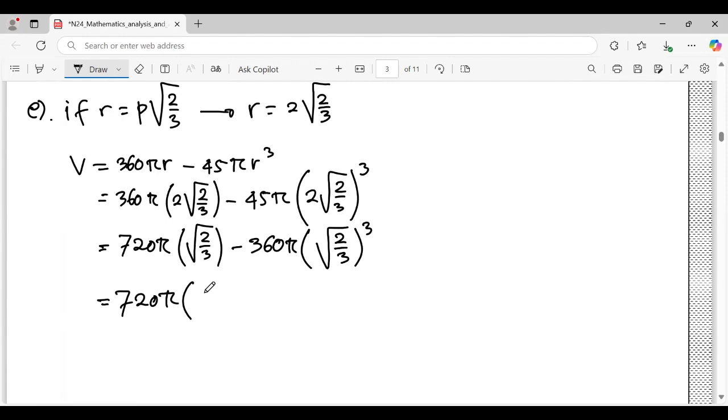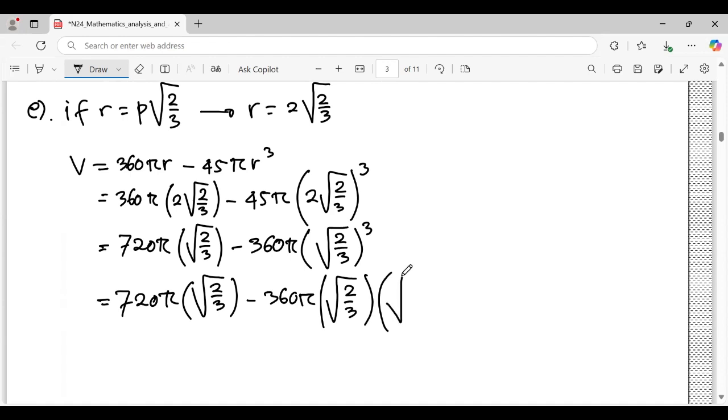We are going to factorize. Power 3 means square root 2/3 times square root 2/3 squared. Okay, this is 1, this is 2, equals 3.